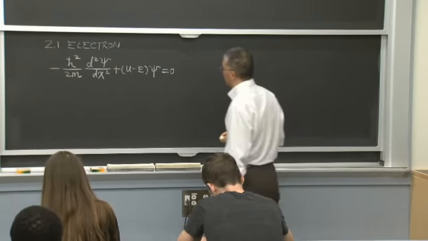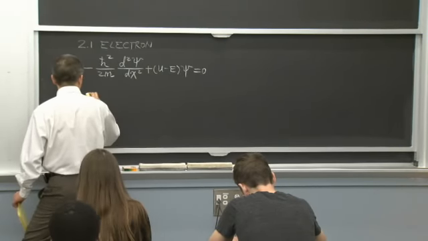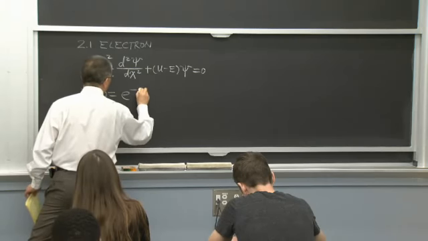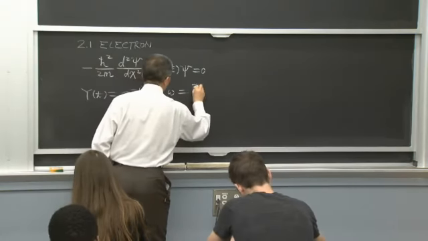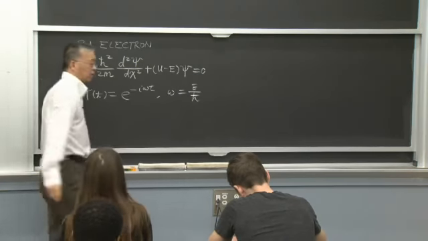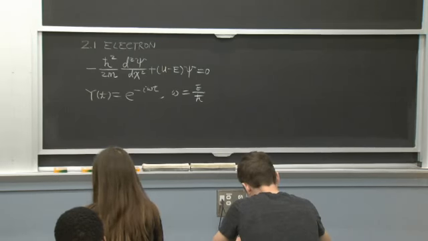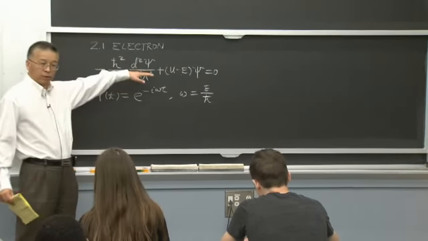And of course, there is a time-dependent part. Remember, the time-dependent part is just the exponential of minus i omega t, where omega equals E over h bar. That's the Planck relation. And for this wave, we solved it before.